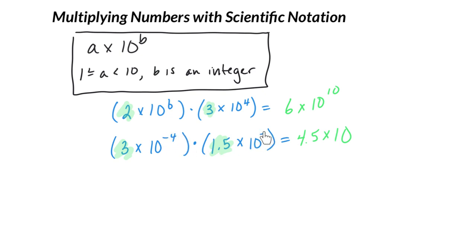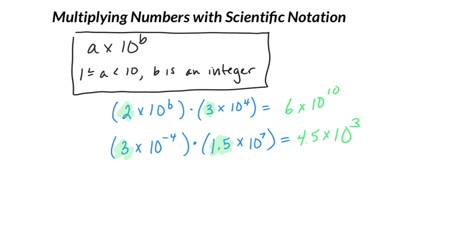Here we were multiplying by 10 7 times. Negative 4 plus 7 makes a total of 3. So multiply the numbers and then simply add those exponents, because all we're figuring out is how many total multiplications and divisions did we have.